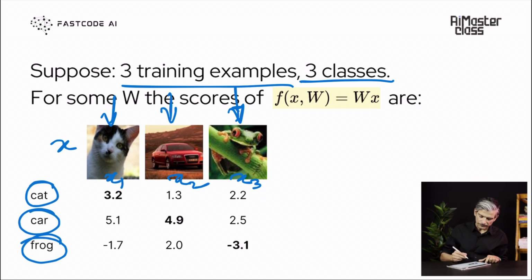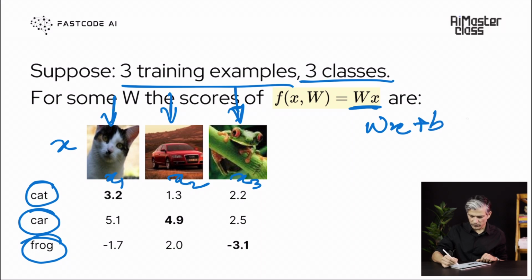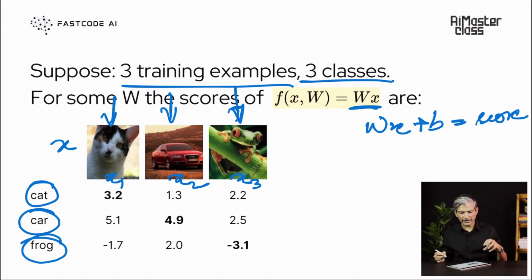Now, what we are doing is defining some kind of a score. What we get after our wx is this score. When we do this wx, actually wx plus b, but we can ignore b just for discussion, we get this so-called score. And this score is in some sense our quantification of our happiness or unhappiness with the output, and we define a so-called loss function.